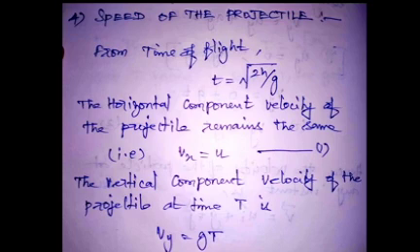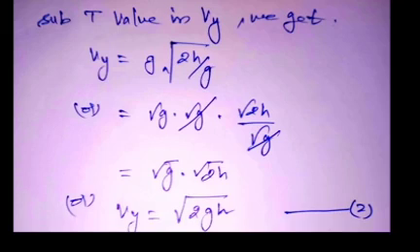Then the vertical component velocity of the projectile at any time t, which we also found in the resultant velocity in y-axis, is v of y equal to gt. Now substitute the t value in this equation, so we get v of y equal to g into square root of 2h by g.